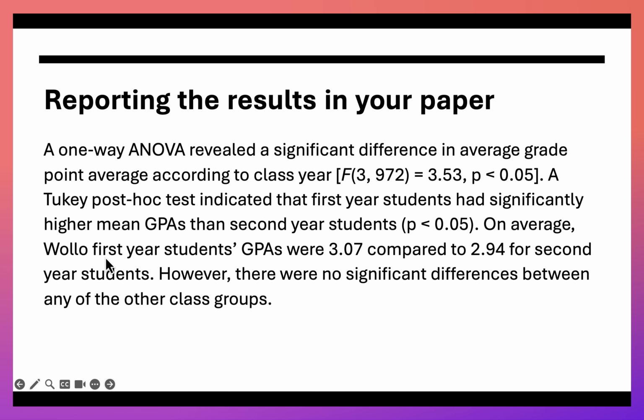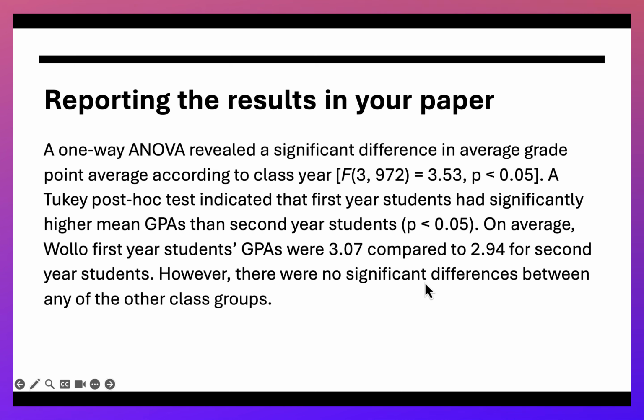On average, first-year students' GPAs were 3.07 compared to 2.94 for second-year students. I got that information from my descriptives table, right? And we found that that was a significant difference. You could put in the mean difference too, but at least for myself as a reader, it seems clearer to say that the first-year students' GPA was 3.07 compared to 2.94. That helps us understand that difference even better, right?